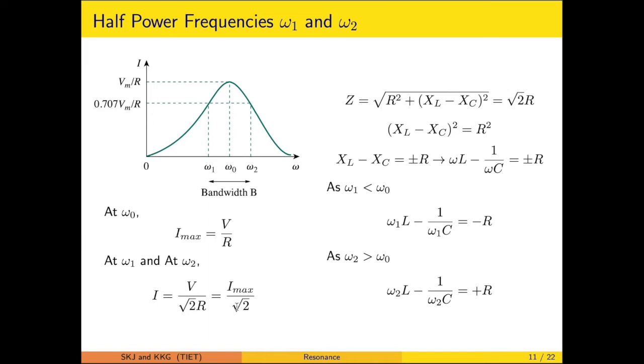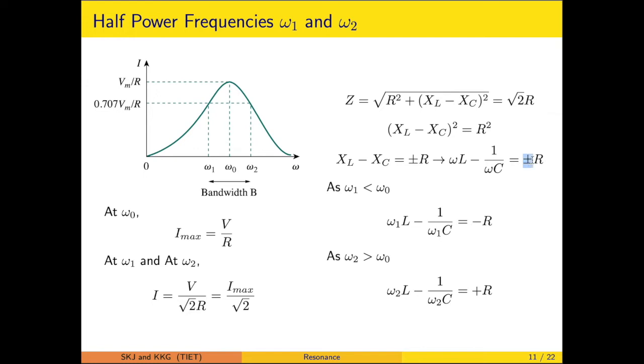When the current is 1 upon root 2 times the maximum current, the impedance has to be root 2 times the impedance at resonance. At resonance the impedance value was R. So we can rearrange the terms: omega L minus 1 upon omega C is equal to plus minus R.